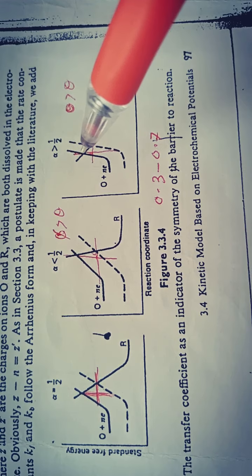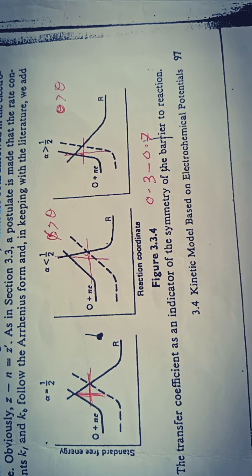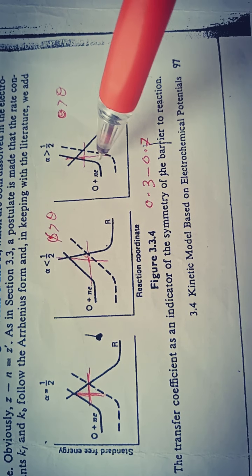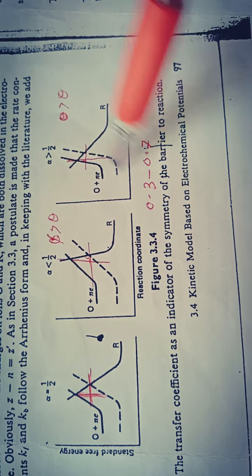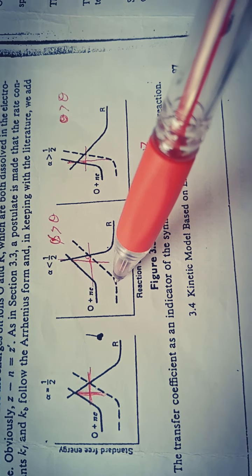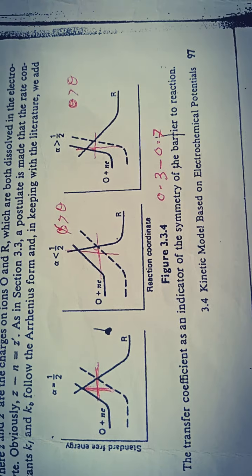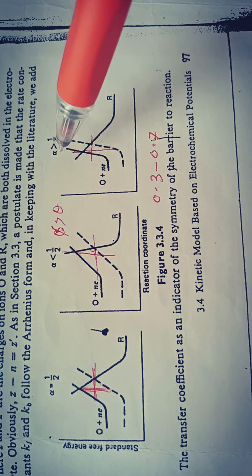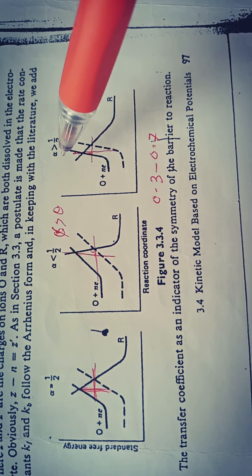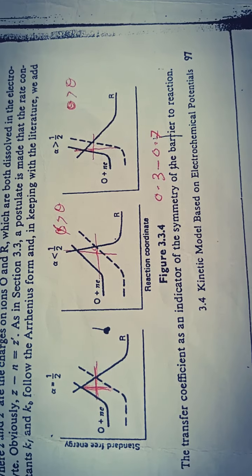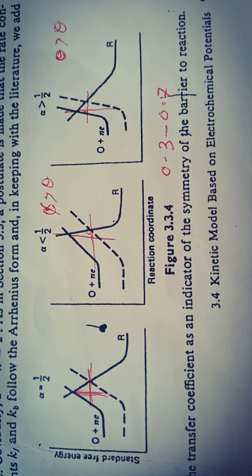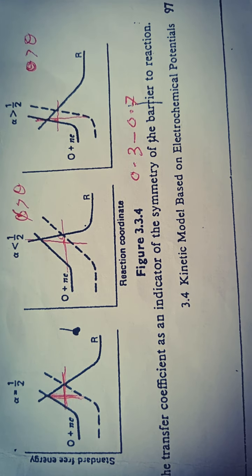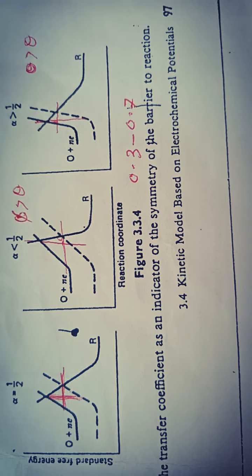So we can see that the value of these angles or the intersection depends on the type of potential applied. Consequently, the value of alpha is actually dependent on the potential. In the next lectures, we will discuss the kinetic models that are based on the electrochemical potentials.